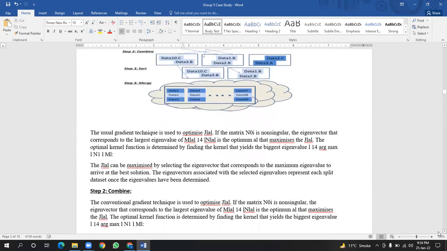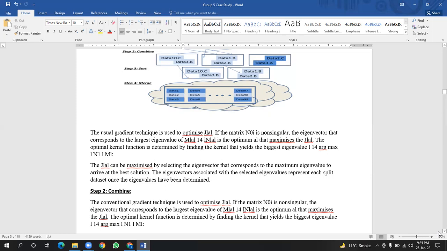The usual gradient technique is used to optimize J(A) if the matrix N naught is non-singular. The eigenvector that corresponds to the largest eigenvalue of this value is the optimum A that maximizes the J. This is the formula.